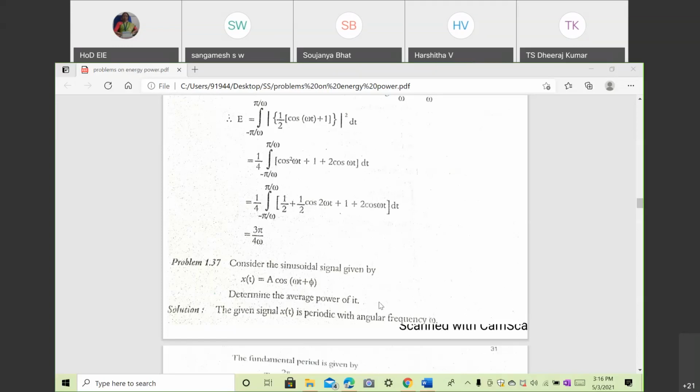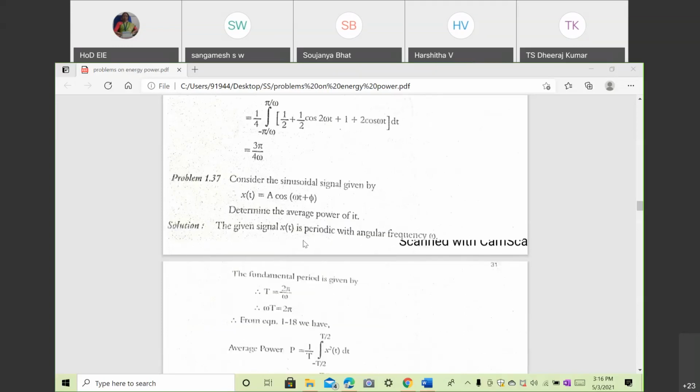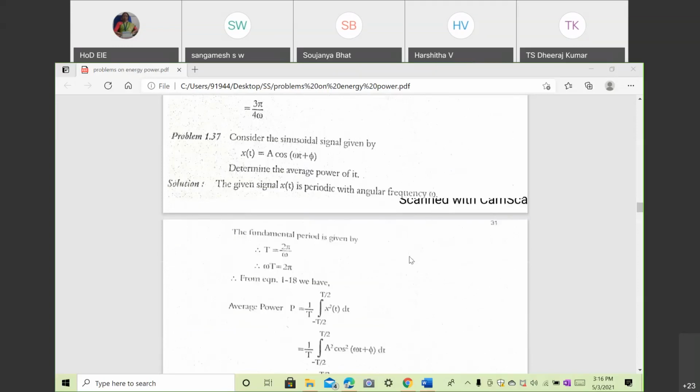The given signal x of t is periodic with angular frequency omega. Then the fundamental period, which we have seen in periodicity, is capital T equal to 2 pi by omega, so omega T is equal to 2 pi.